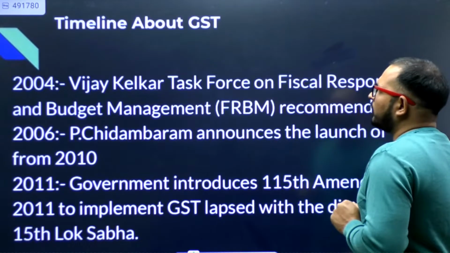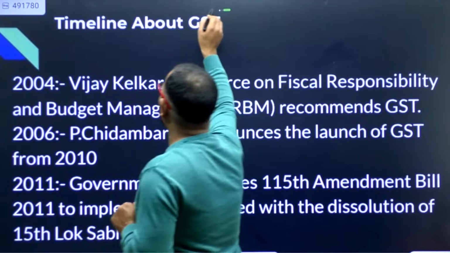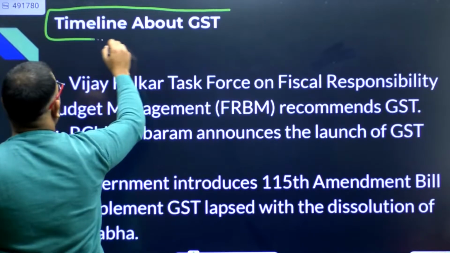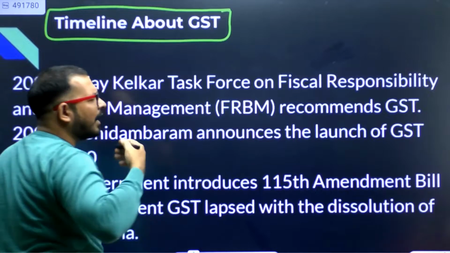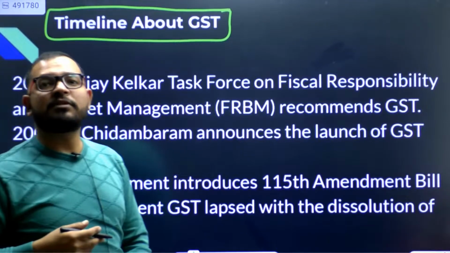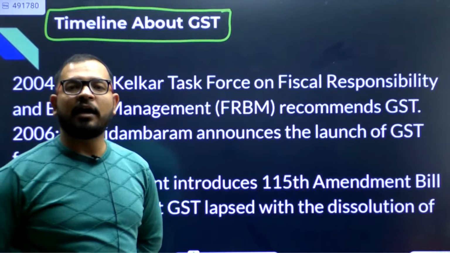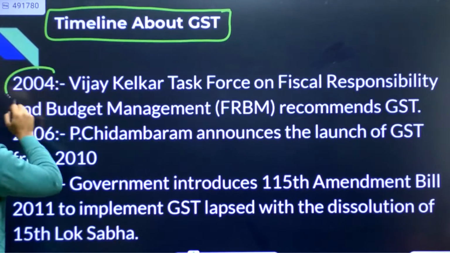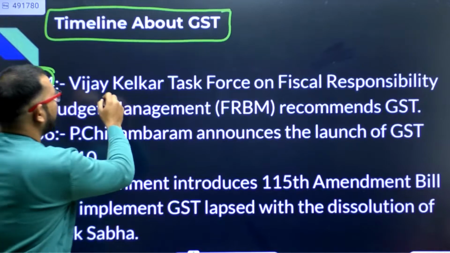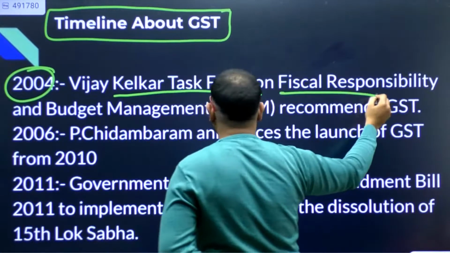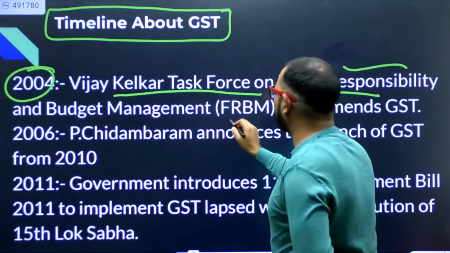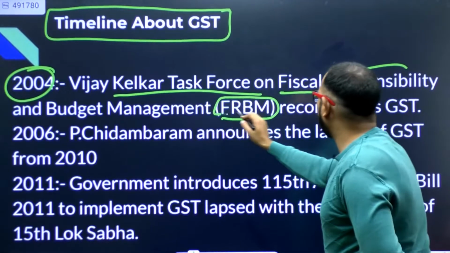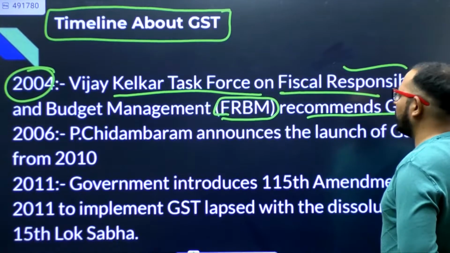Now let's talk about the timeline. What happened, and why and how did the idea of GST become reality? It was in 2004 that the Vijay Kelkar Task Force on Fiscal Responsibility and Budget Management, FRBM, recommended the GST.